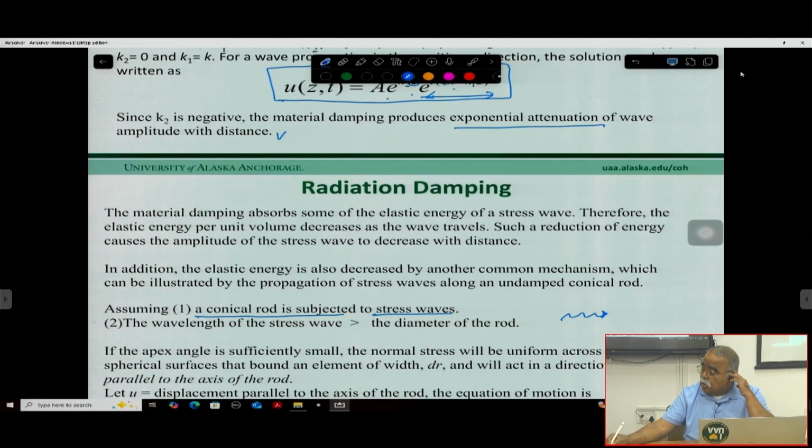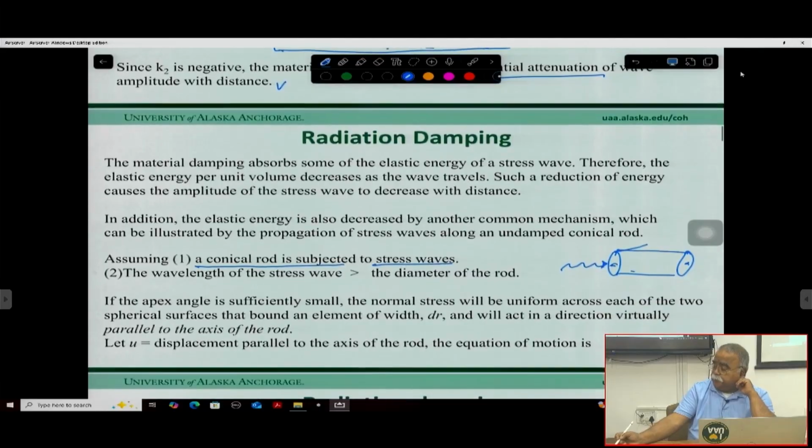This will be a conical separate surface in front of the stress wave, right? So how much is the change as it travels from here to this side of the cone? That will give you the radiation damping or the geometrical spreading, right?